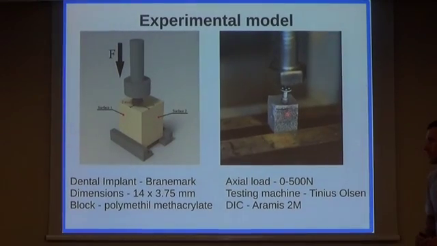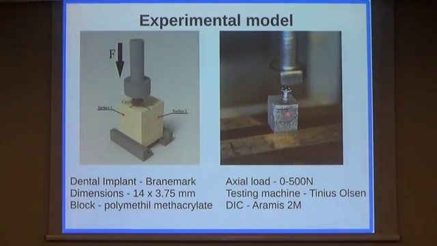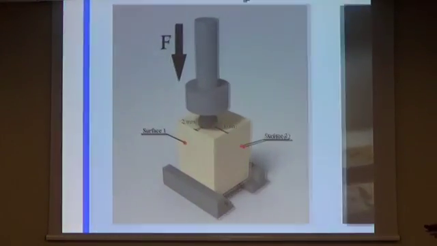In this research, which is the early beginning of our research in this field, our task was to develop a procedure to calculate strains on two different surfaces for a vertically loaded tooth implant by using a digital image correlation system.